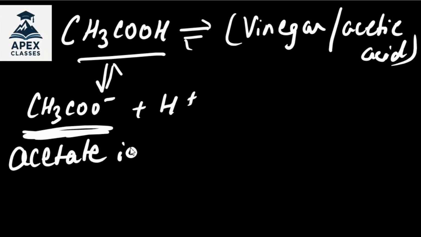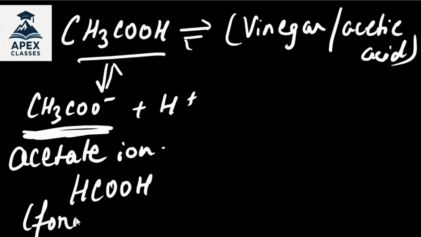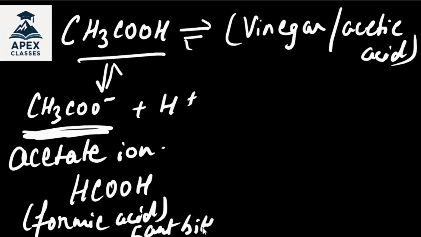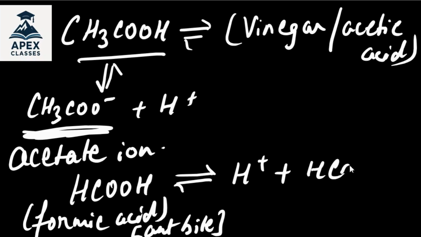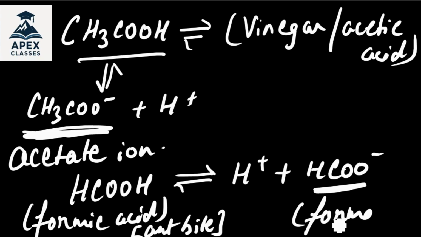Similarly, HCOOH is formic acid. Where do we get it? From an ant bite. It gives H plus and HCOO minus. This is our formate ion. I hope these two acids are clear to you.